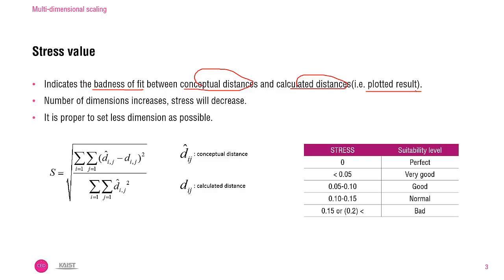While reducing the number of dimensions, you need to optimize their distances, and by doing so, an error or stress will occur. Despite the increase of the stress value, it is more proper to pursue as few dimensions as possible.